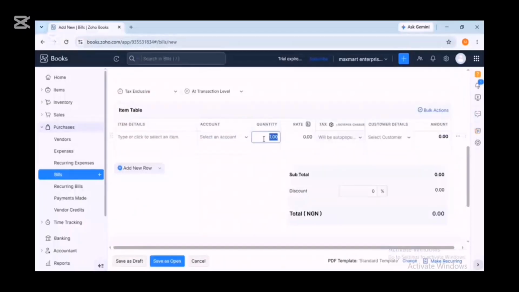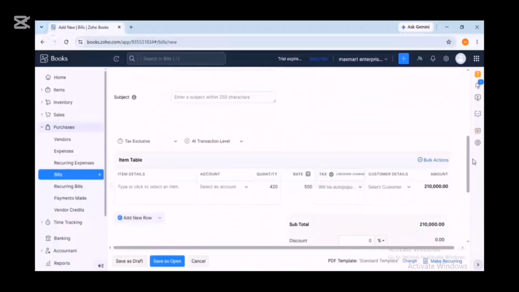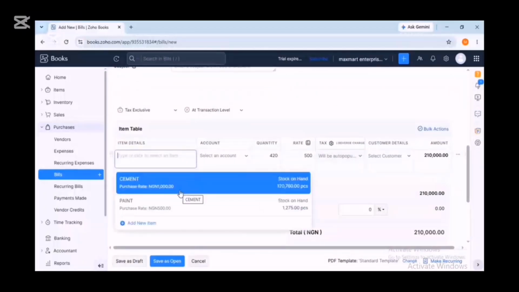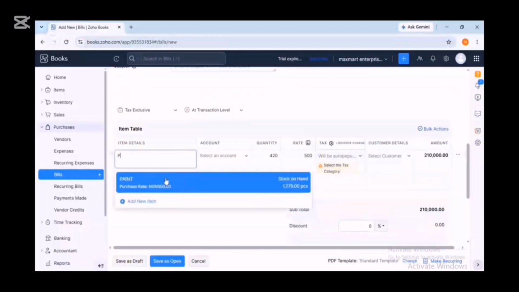So let's select the quantity and the item we purchased from Prime Distributor. Let's input the items. So it's actually paint.